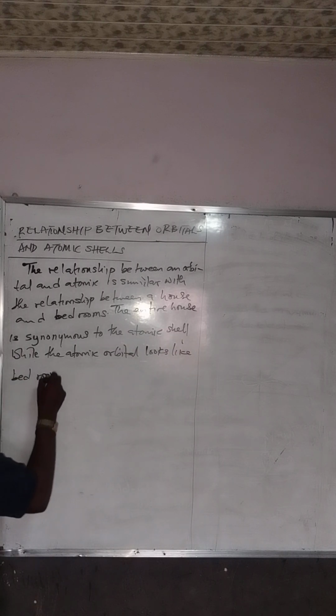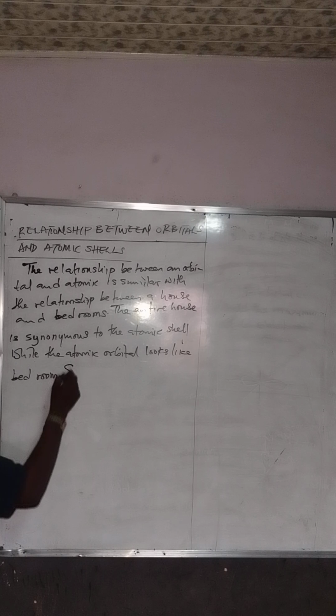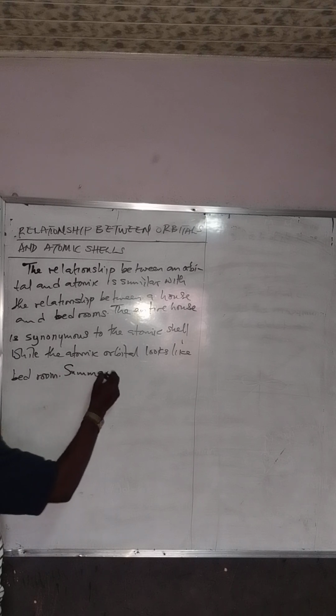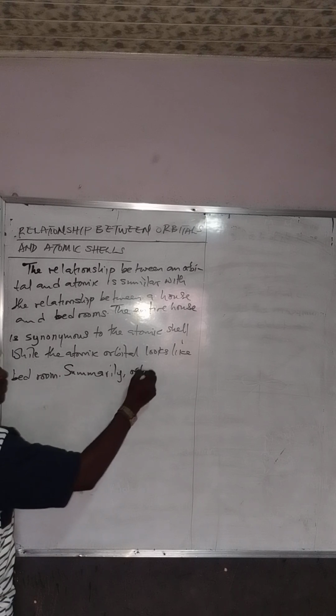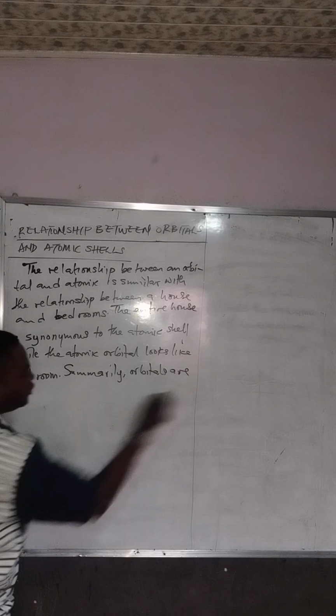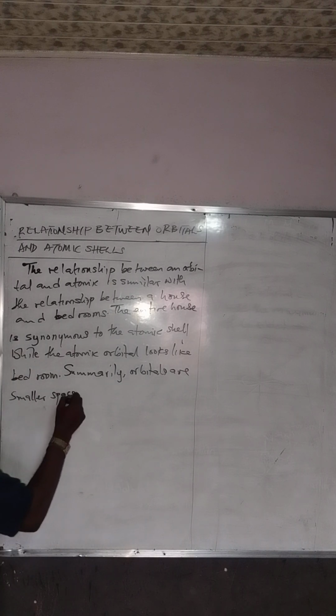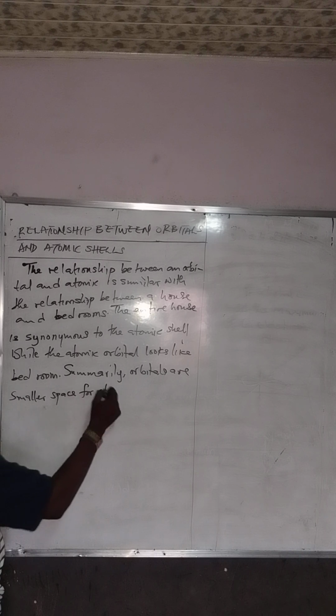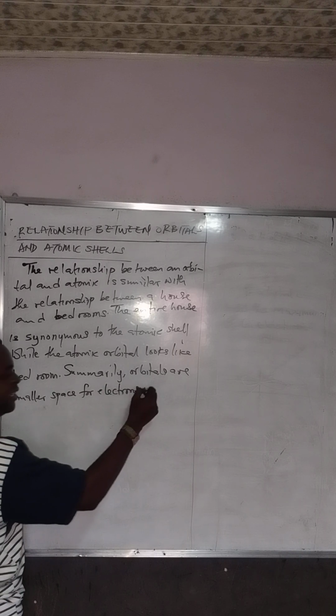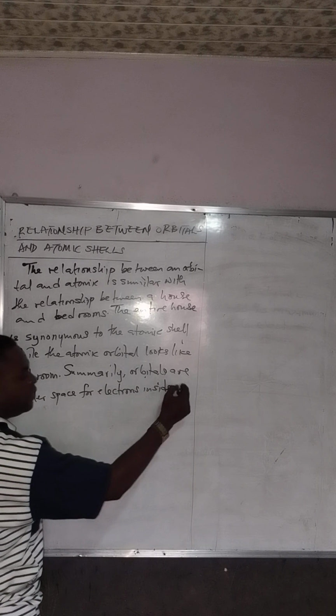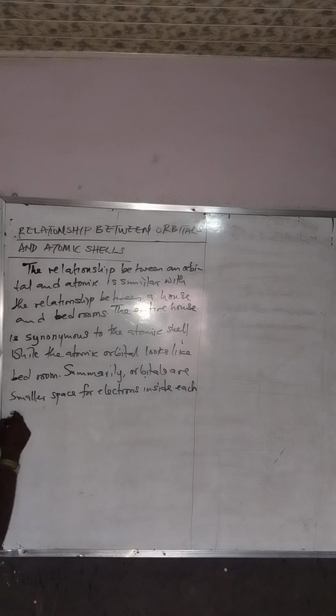So in a nutshell, summarily, orbitals are smaller spaces for electrons inside each atomic shell.